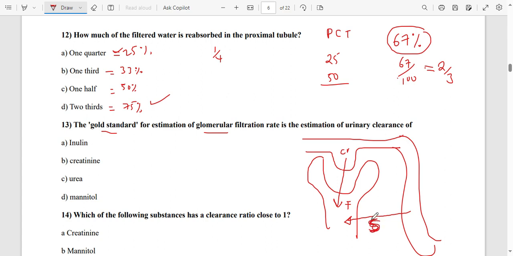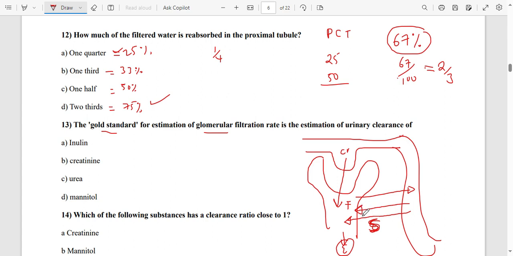So meaning that all of it is going to pass at the end, all of it can actually go out, and that is being excreted. So clearance marker is a substance that is filtered but does not get reabsorbed. It does not go back, nor is it secreted.